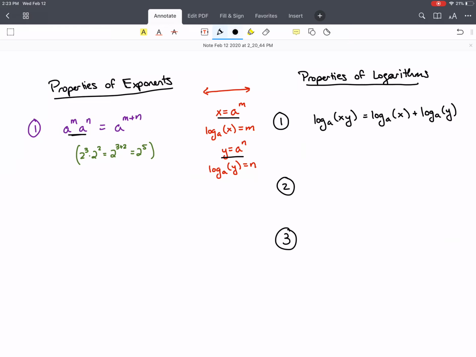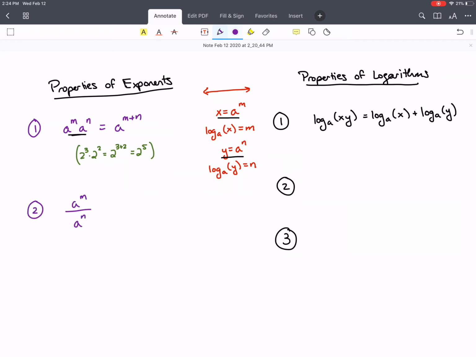What that looks like in symbols is, if I take the log base a of the product of 2 things, then the exponent that I get is going to be the sum of the exponents of each of those individually. So that's one rule.